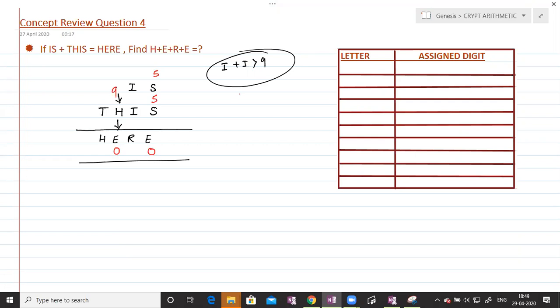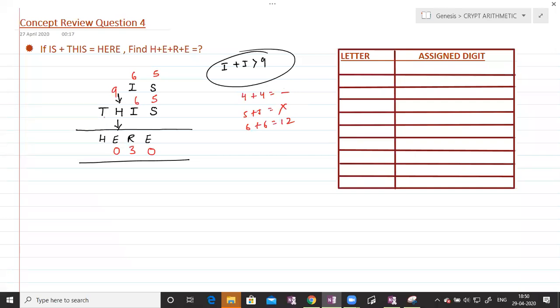Let's say I take 4. 4 plus 4, not possible, no carry. 5 plus 5, I cannot take because I've already given it to S. 6 plus 6, 12. I can take 6 here and here, 12 and plus 1, 13. Carry 1.